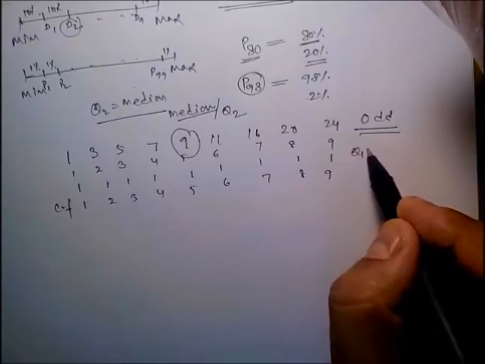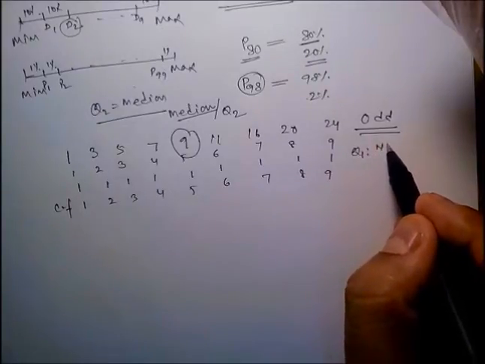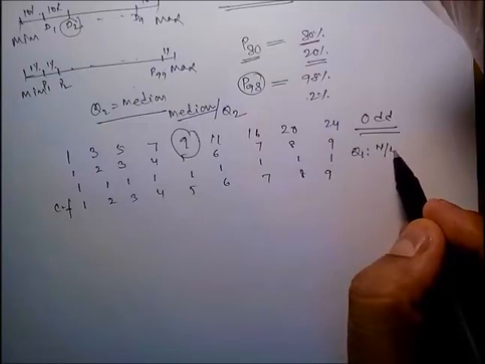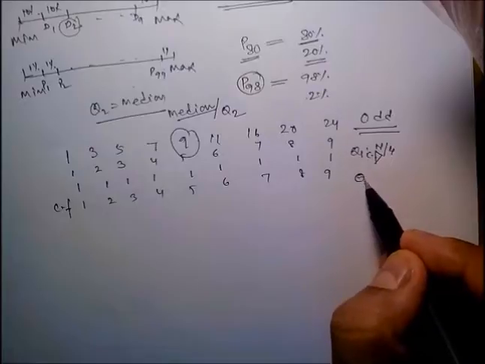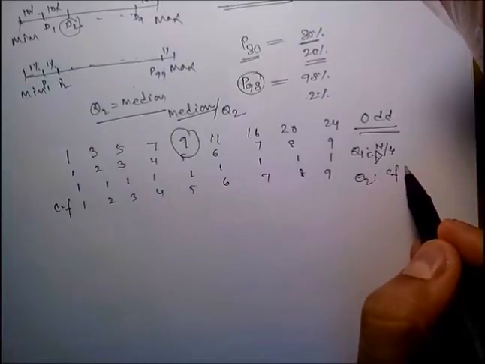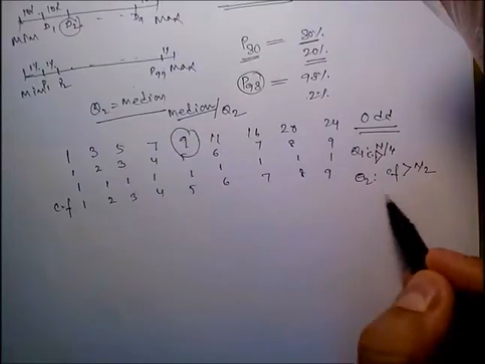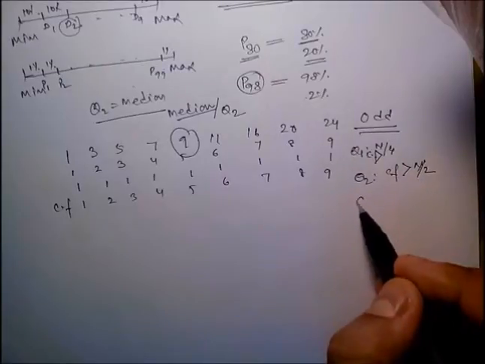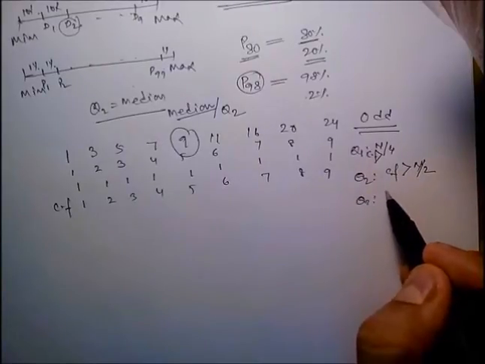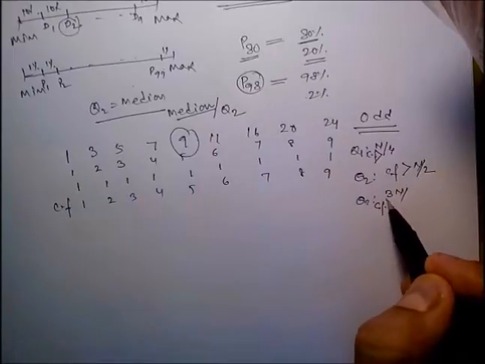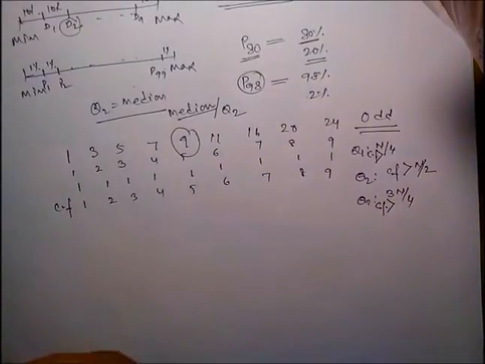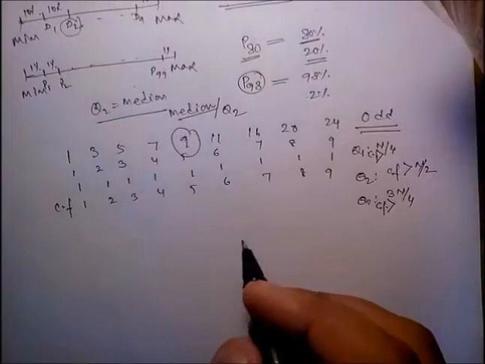So for Q1, we take the cumulative frequency just more than n by 4. For Q2, cumulative frequency just more than n by 2. And for Q3, cumulative frequency just more than 3n by 4.